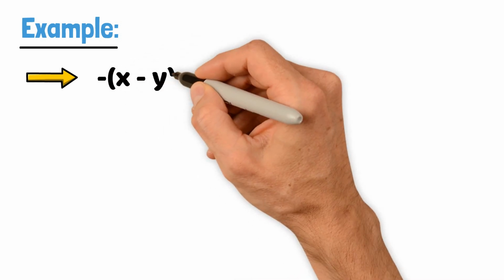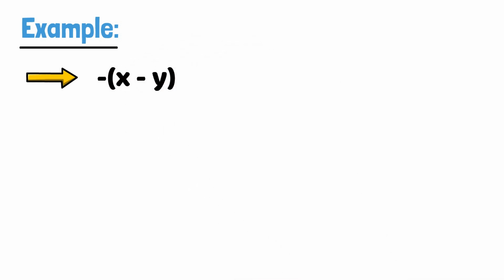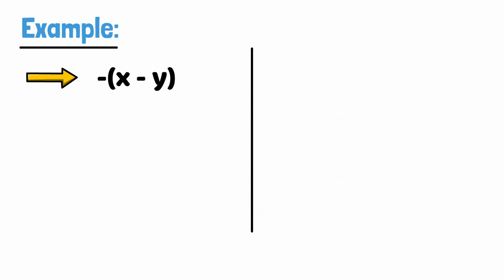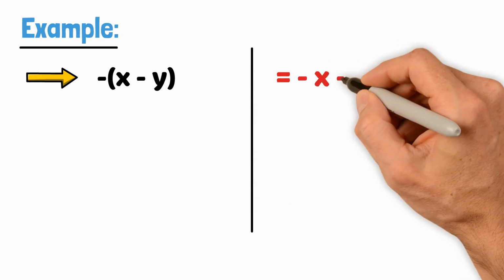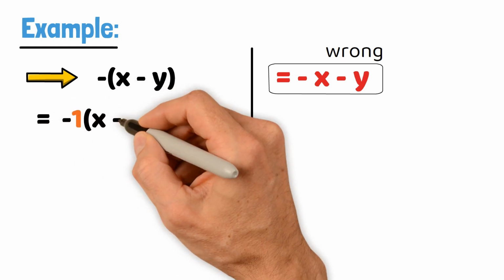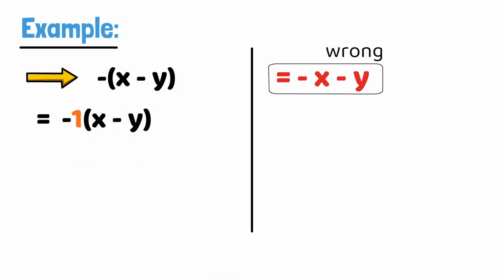Another example. Let's simplify negative (x minus y). An extremely common mistake for students is to drop the parentheses and put the negative in front of the x. The following answer, though common, is wrong: negative x minus y. To see why, introduce the number 1 as a multiplying factor behind the parentheses, as multiplying by 1 does not change the value. Consider negative 1 times (x minus y).